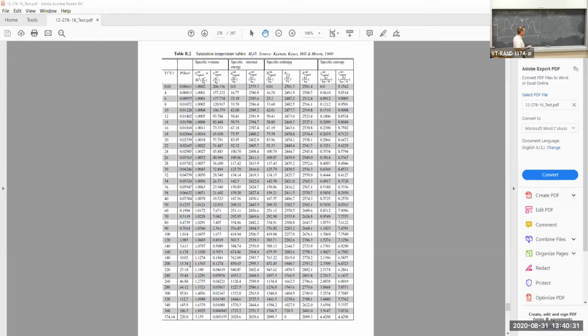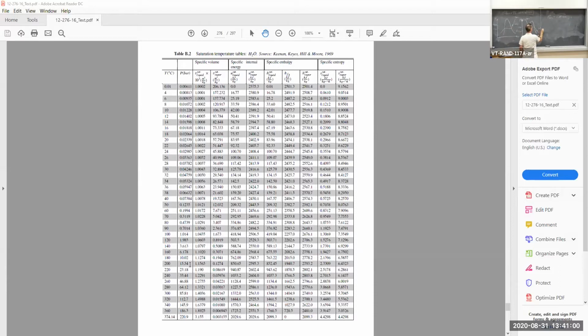Now we are at 5 bar. Intersection of the isotherm and the isobar. Isobar is horizontal, the isotherm you can see here. The 200 degrees C isotherm puts me in the superheated vapor region.